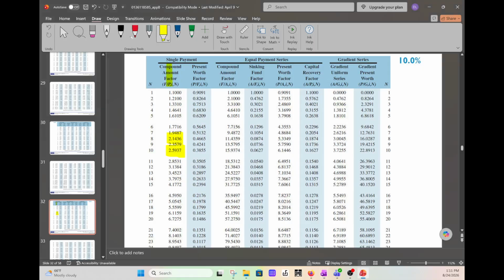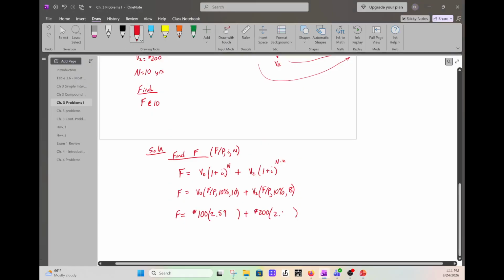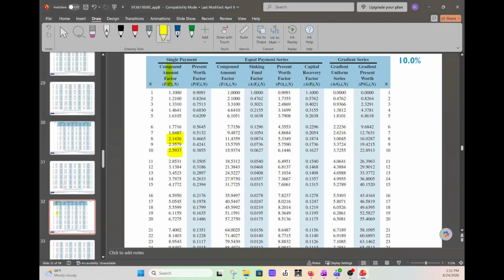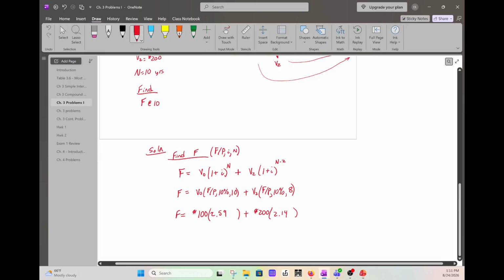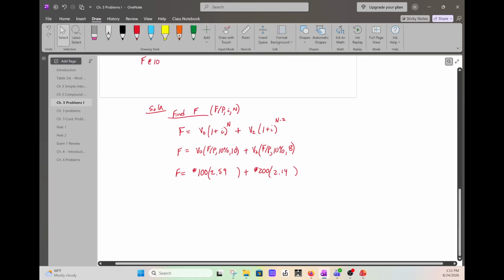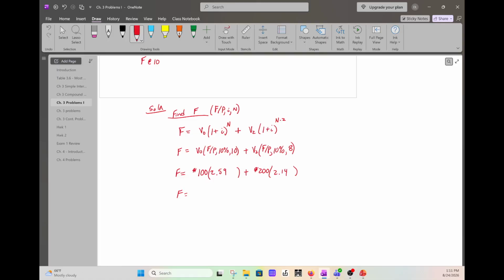And then it was 8 and 10. 2.14. Okay. Let's just double check to make sure. So we got 10%. We're looking for F given P. We're at 8 years and 10 years. Yep. Okay. Now you can go ahead and use the equations, or you can use the appendix. I don't care what you do. Sometimes you have to use the equations if it's a weird interest rate and the appendix doesn't have it.